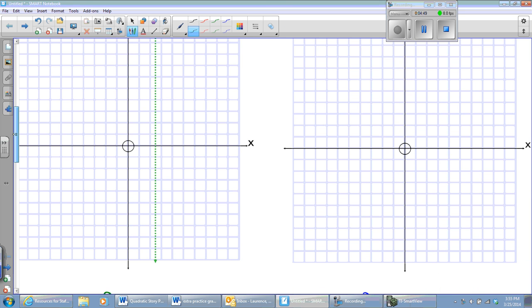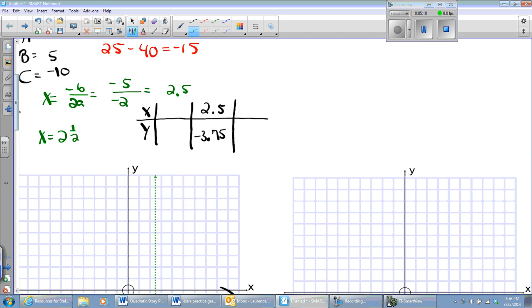So, 2.5 and then negative 3.75 is right there. Okay, so that will be at 2.5, negative 3 and 75 hundredths, right? And I'm writing it above the parabola because since there are no solutions, the parabola must be opening downward because the vertex is below the x-axis.